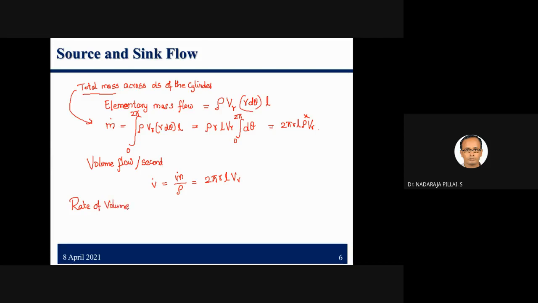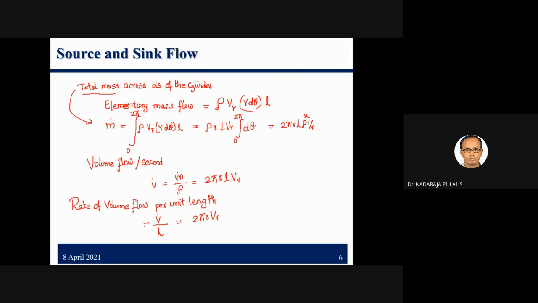So we will write the rate of volume flow per unit length, that is per unit length along the cylinder. We can write the volume by L, which denotes the volume flow rate per unit length, equal to 2 pi R Vr.